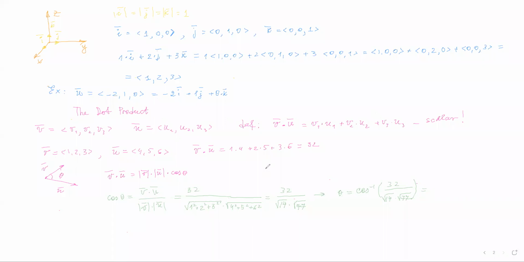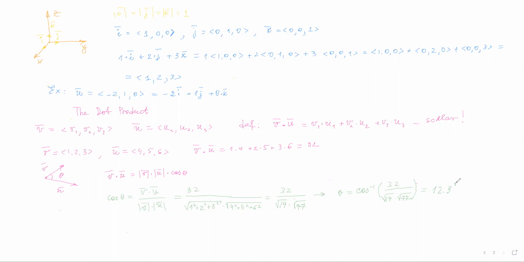Okay, guys, so I did my calculations. I divided 32 by square root of 14 and square root of 77 and took cosine inverse, and my result was 12.9 degrees. A very convenient way to find actual angle between two vectors, right?